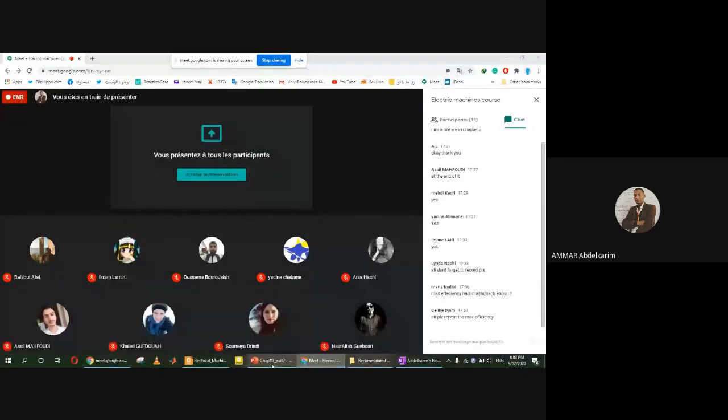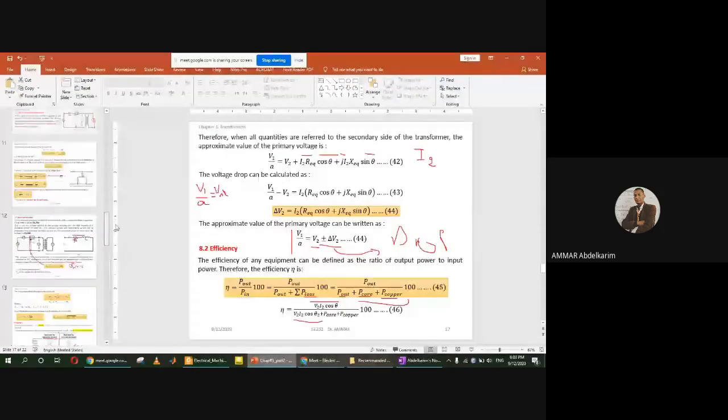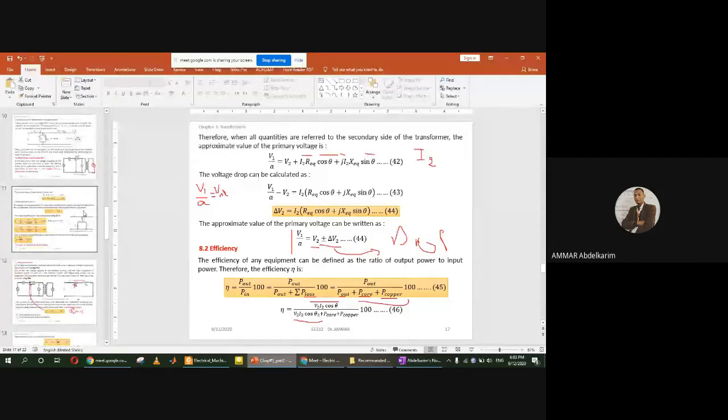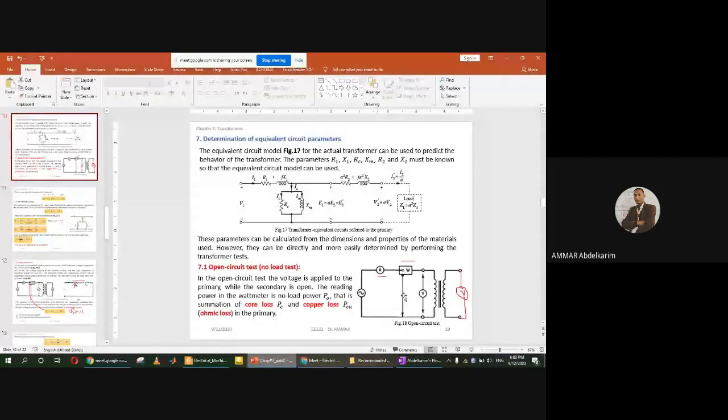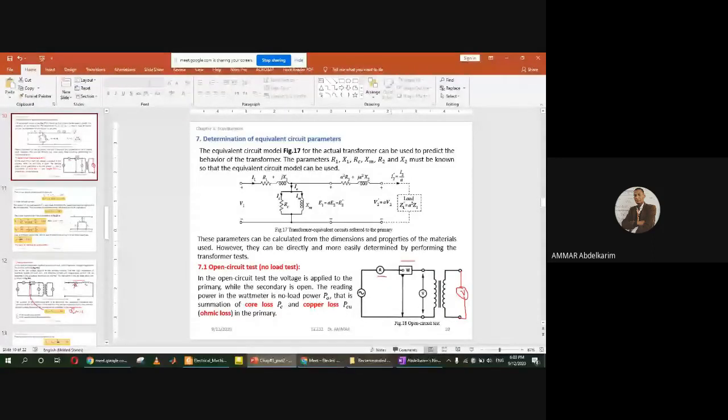Okay, let's see what we have seen before. In our tests, for example, this is the open circuit test. When we say in the primary, the measurement has been done in the primary: the primary voltage, the primary current, and the primary power. The secondary we let open or place a voltmeter, as I told you.